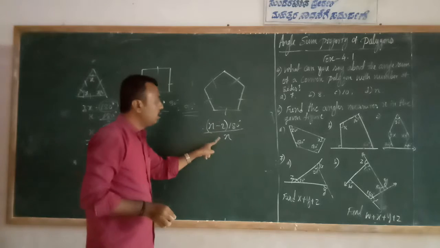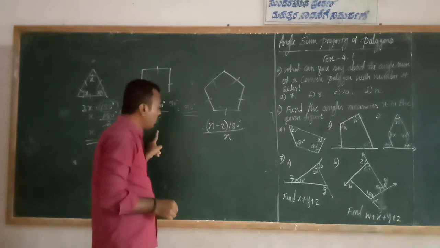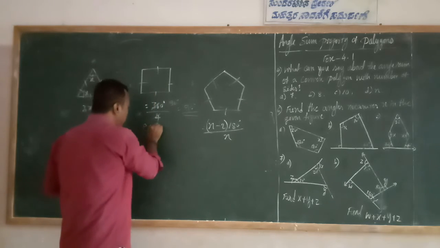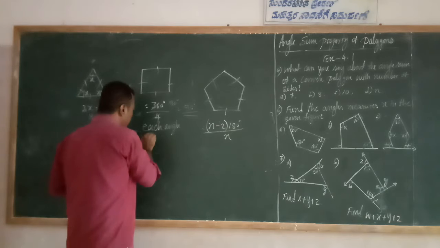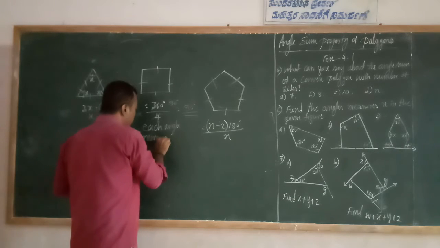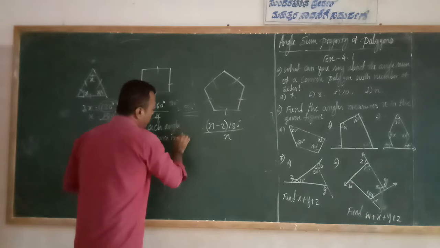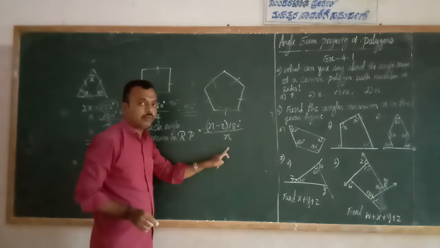This is the formula for what each angle measures in a regular polygon. Regular polygon, this is the formula: (n minus 2) into 180, whole upon n.